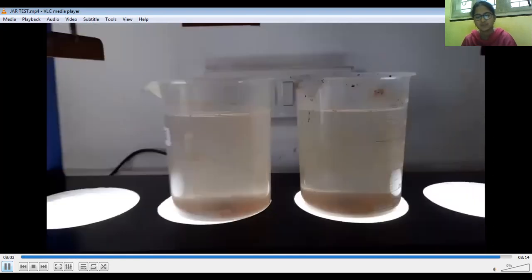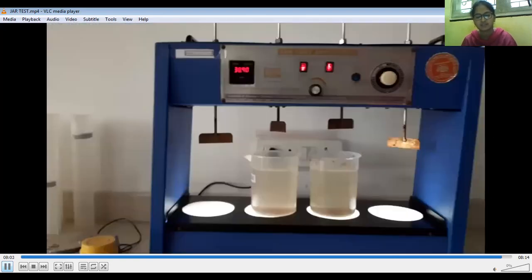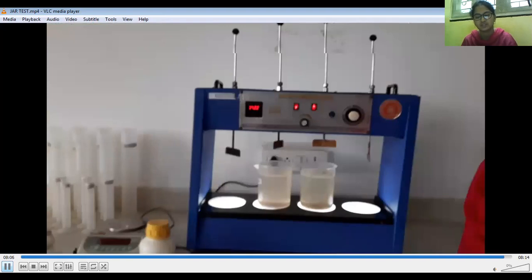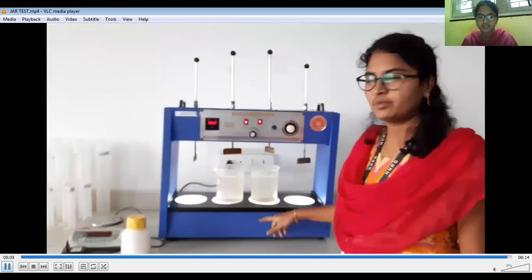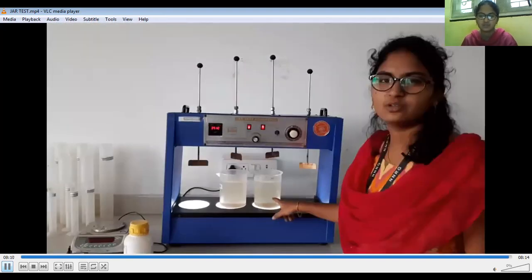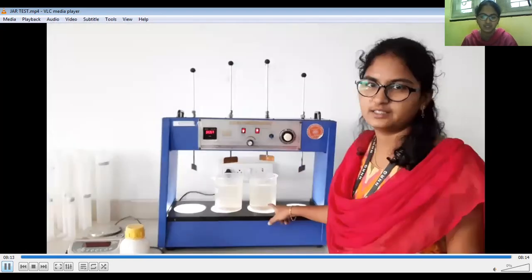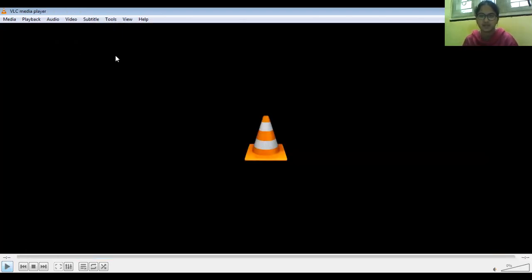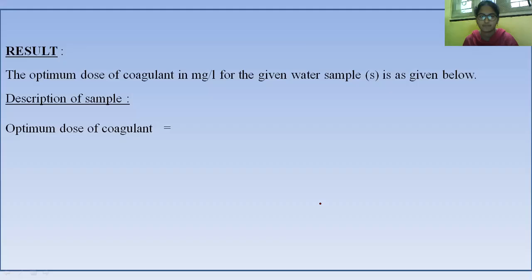In case the beaker with the maximum dose gives the maximum clarity, we would need to repeat the experiment with a higher dose increment. So it is possible to calculate the quantity of coagulant required for the purpose of water treatment.